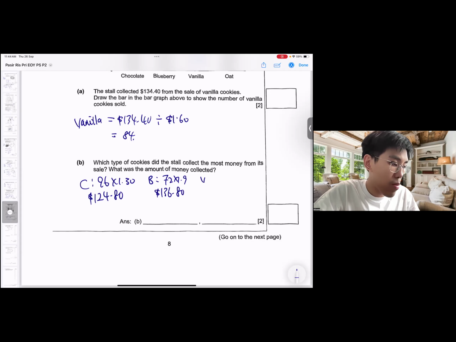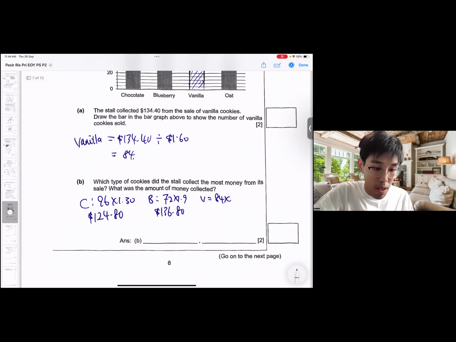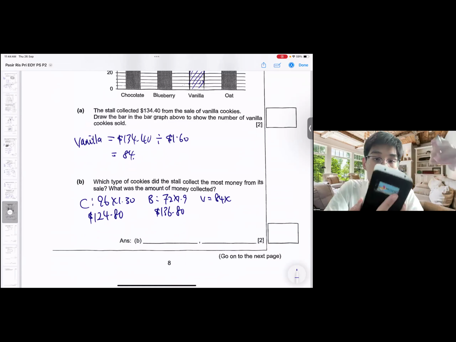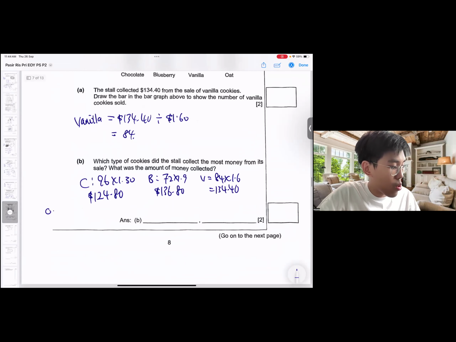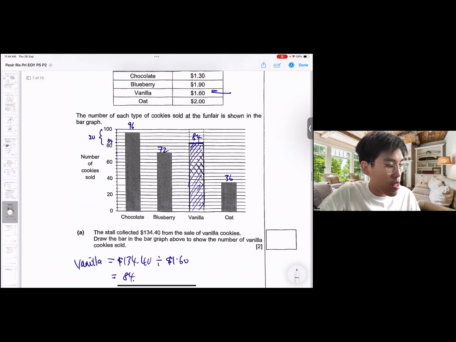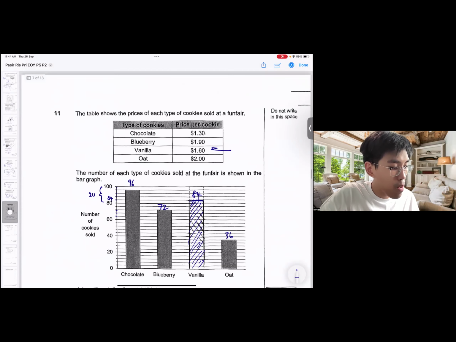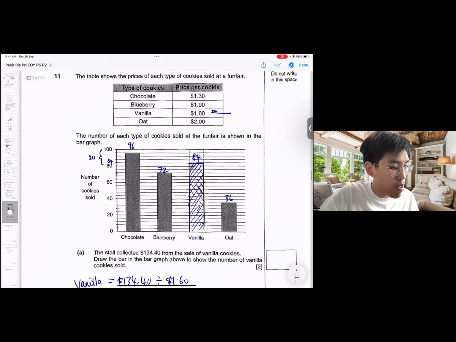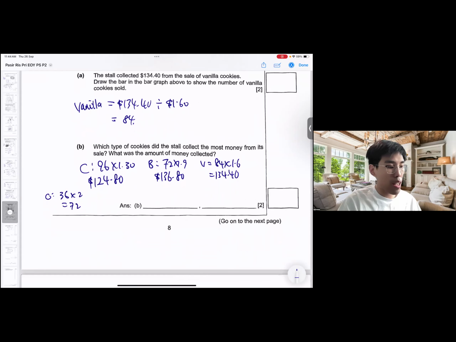Then the vanilla will be 84 times 160, which is 134.4. And then lastly for the oat will be 36 times $2, $72.